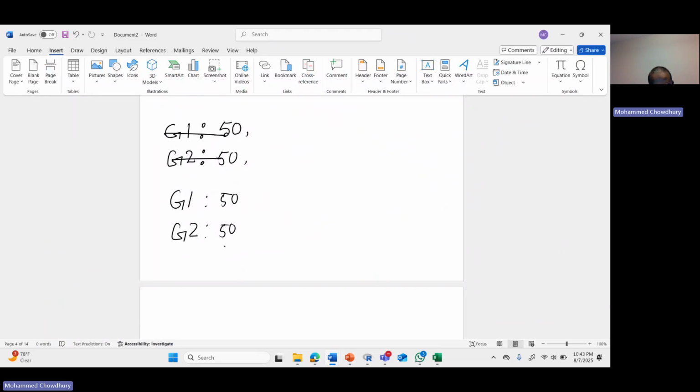But if I give you the individual numbers of the 4 students, suppose this is 50, this is 49, this is 51, this is 50, and then if you add them up, the average x bar equals 50.